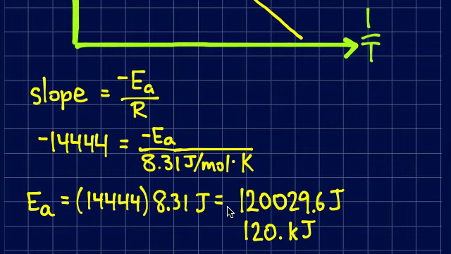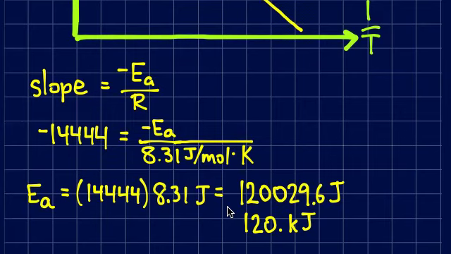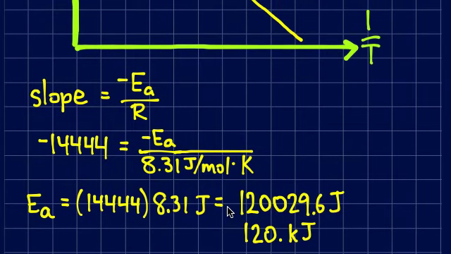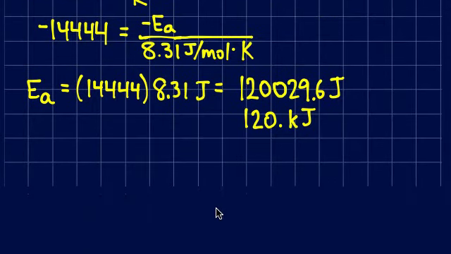Three sig figs, 120 kilojoules. This is a mathematical, graphical method for finding the activation energy, where before we really had no way of finding the activation energy for a particular reaction.